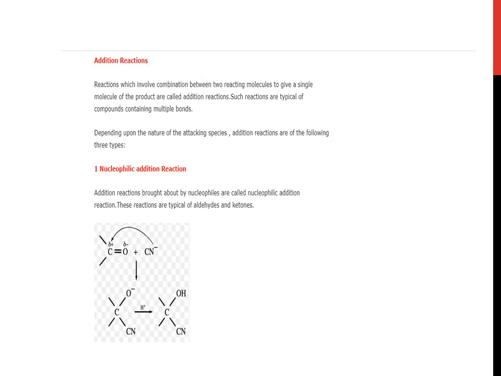Addition reactions brought about by nucleophiles are called nucleophilic addition reactions. These reactions are typical of aldehydes and ketones. Now start with this, taking the example of a ketone, C double bond O, and attack of CN negative. So there will be attack and rearrangement by H positive and it will give cyanohydrin, C(OH)CN. So it is cyanohydrin.